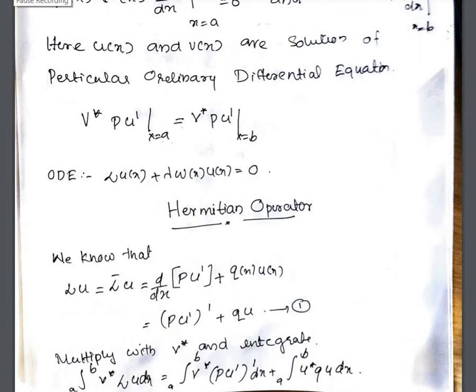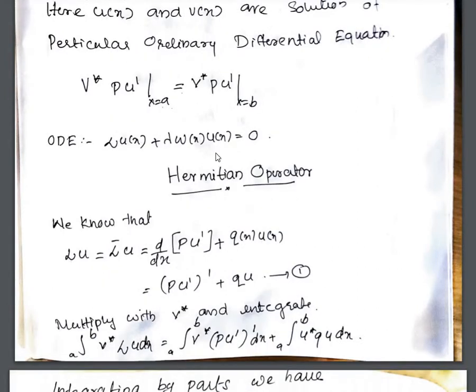These boundary conditions can also be written as v star p u dash at x equal to a is equal to v star p u dash at x equal to b. So we know that the ordinary differential equation is nothing but L of u plus lambda w(x) u(x) is equal to 0.